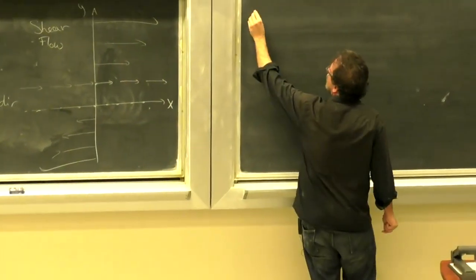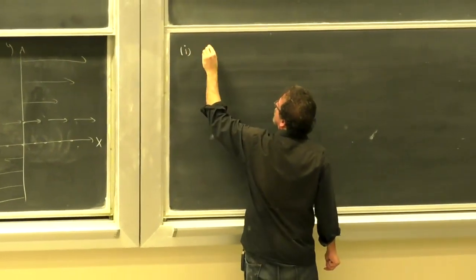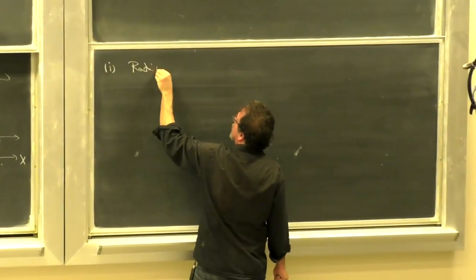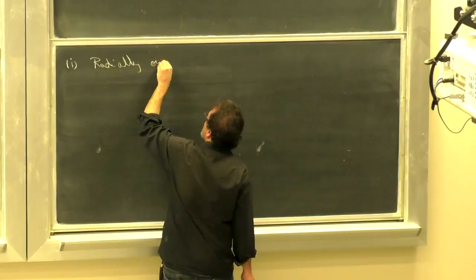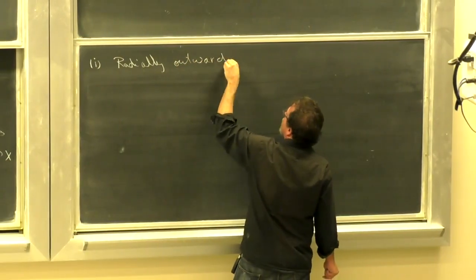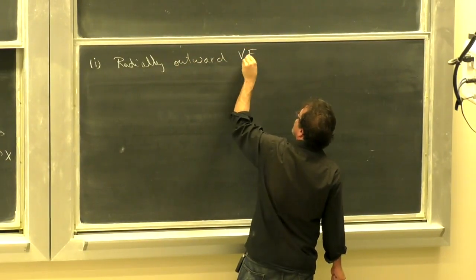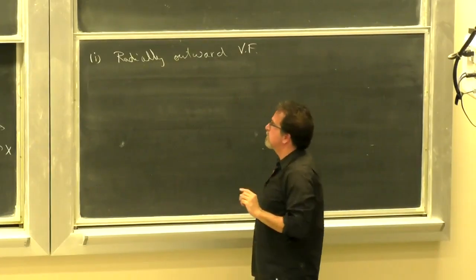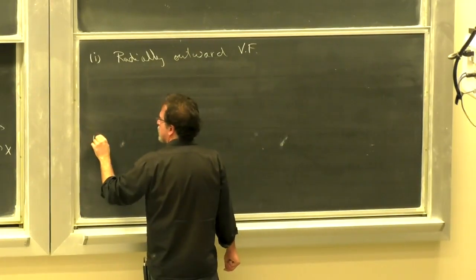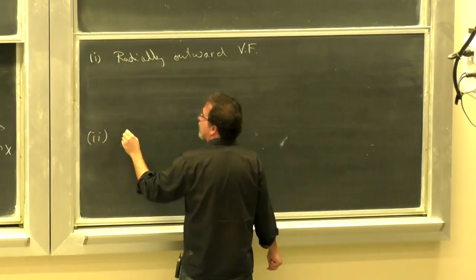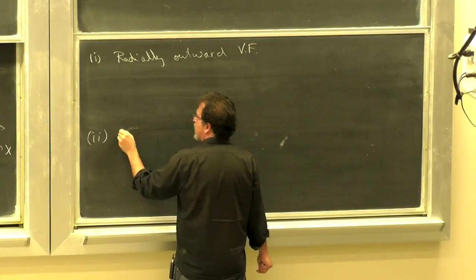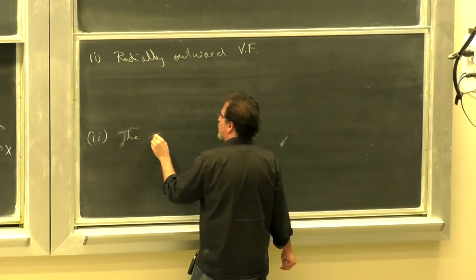So one, the radially outward vector field. Two, the rotation, the solid body rotation.